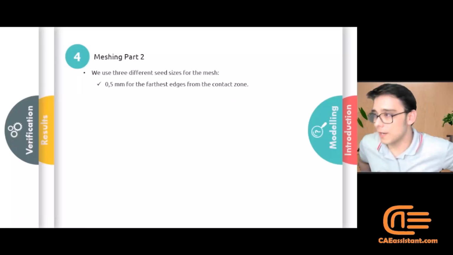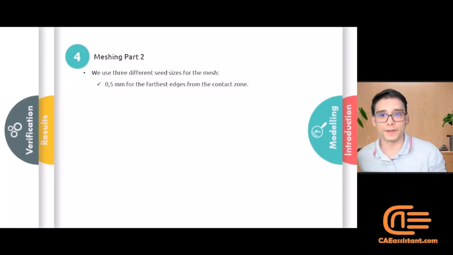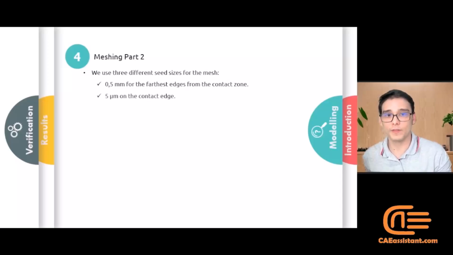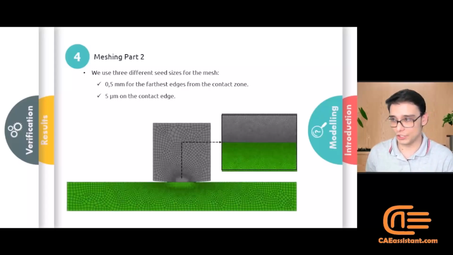Here, we have three different seed sizes for the mesh. We're going to define 0.5 millimeters for the farthest edges from the contact zone, then a 5 micrometer element on the contact edge, and then the other seed depends mostly on the type of methodology that we're going to work with.